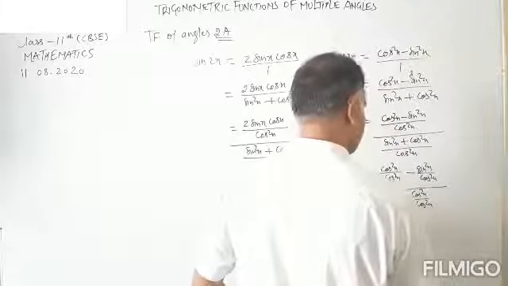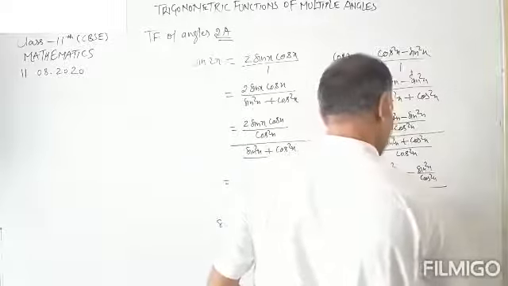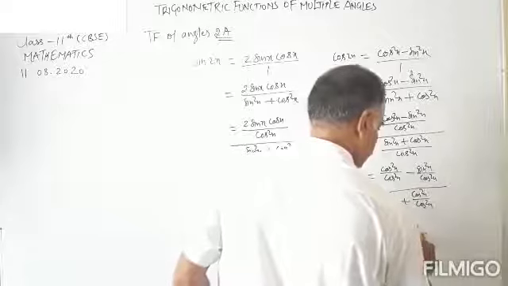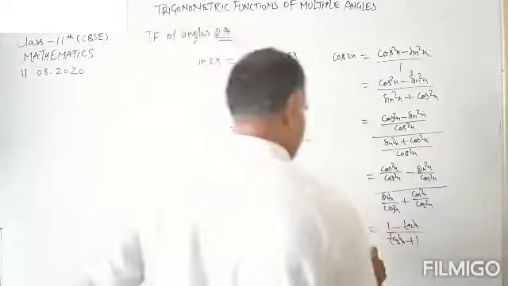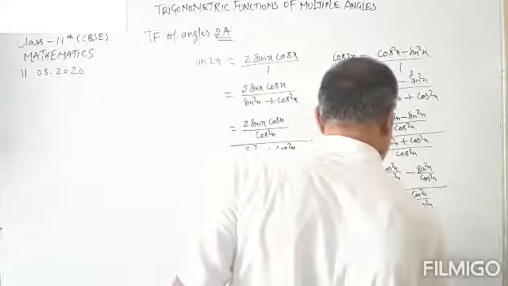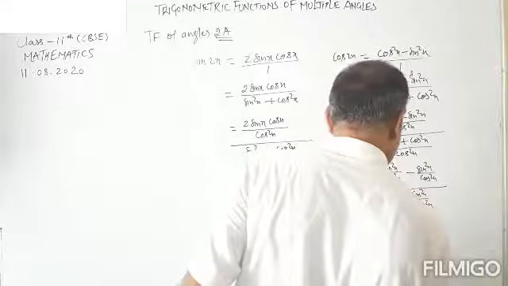So this is equal to 1 minus tan square x upon tan square x plus 1. So cos 2x equals (1 minus tan square x) upon (1 plus tan square x).